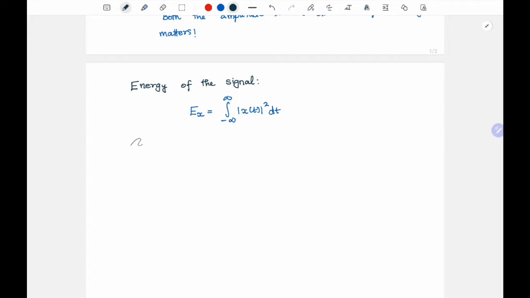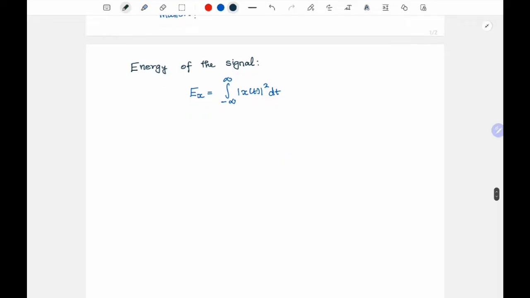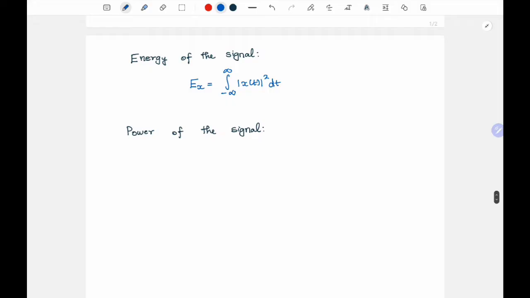And then for signals having infinite energy but which can still differ in some aspects, we define what is called the power of the signal. So what did we define the power as?